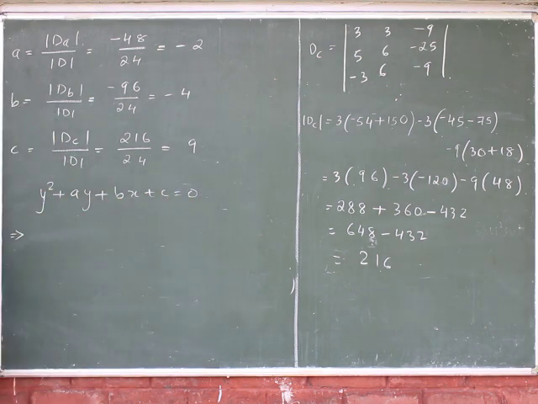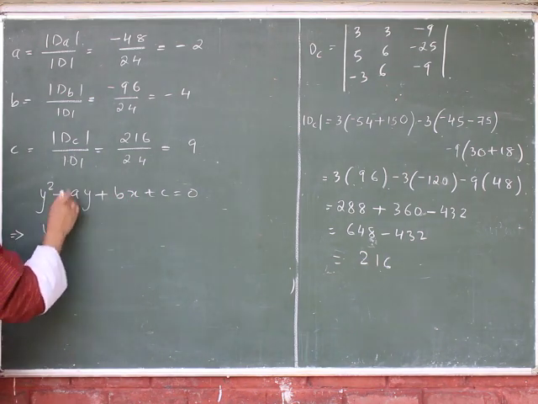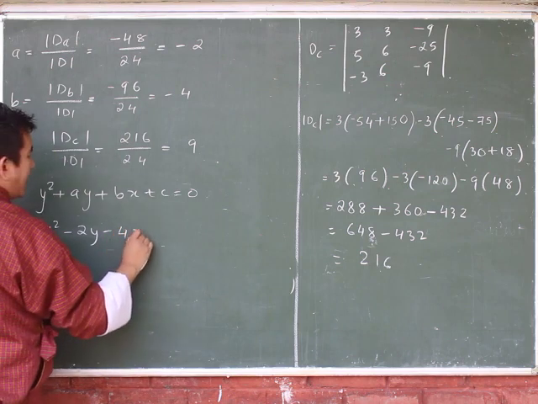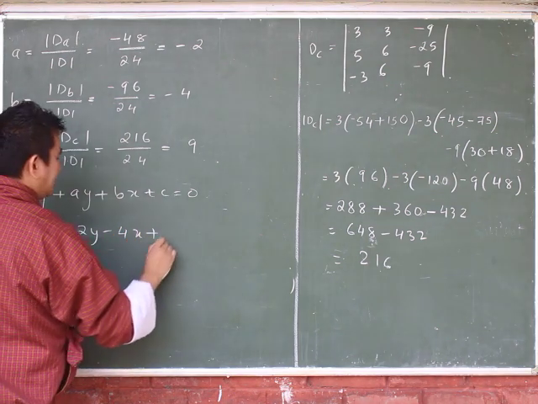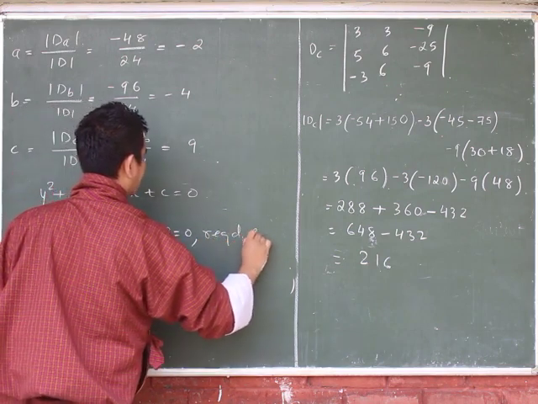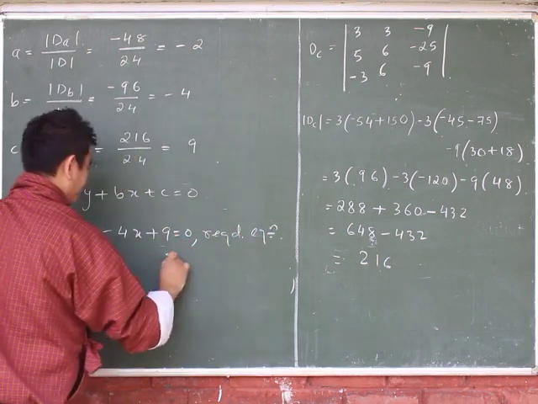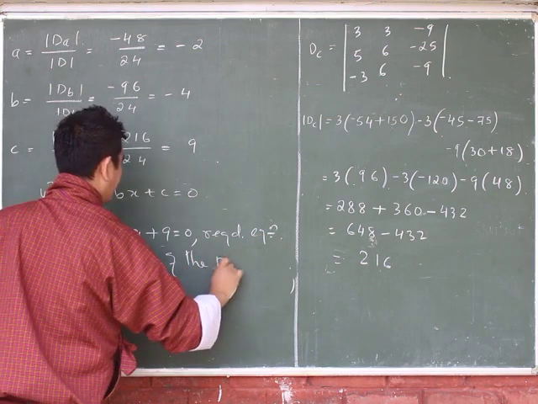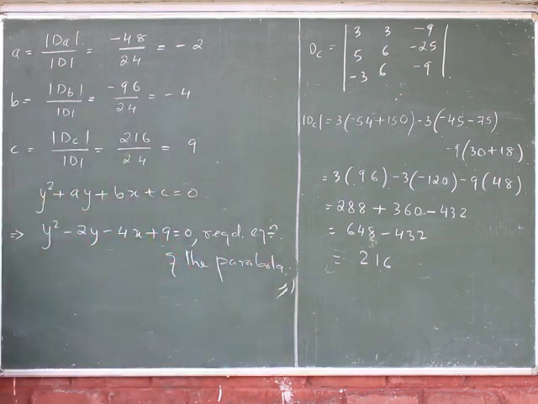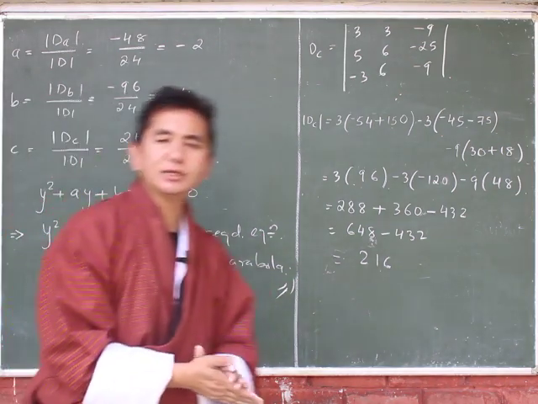That implies the required equation is y squared, what's the value of a? Negative 2y. What's the value of b? Negative 4x. The last one is c, plus 9 is equal to 0. Required equation of the parabola. Okay, that's it. Thank you.